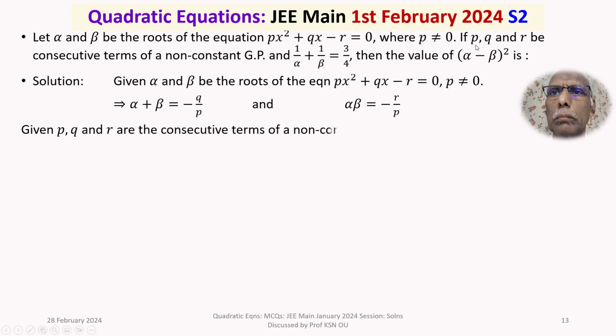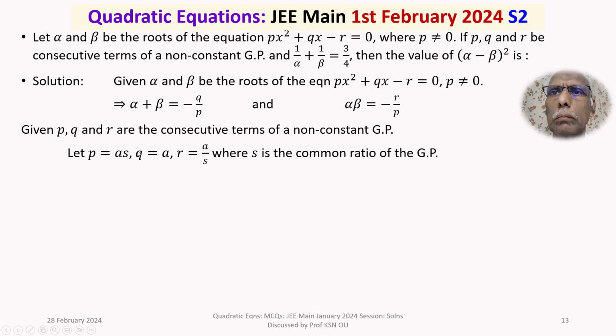We are given p, q and r are consecutive terms of a non-constant GP. So, we can write down, as we have already studied in our earlier classes, p is equal to a times s, where s is the common ratio, q is equal to a, r is equal to a by s.